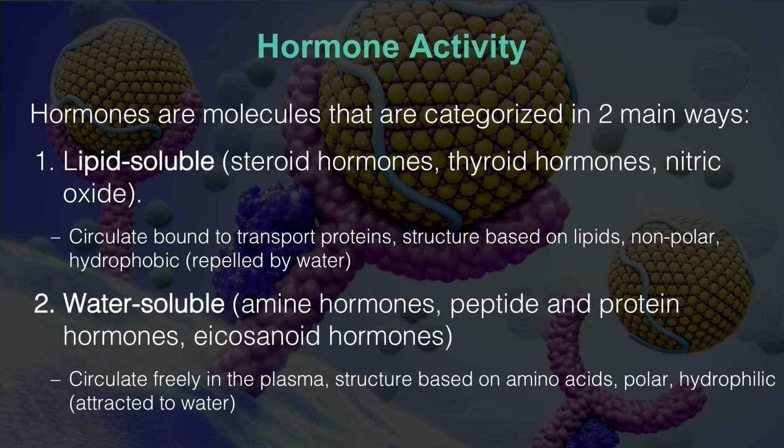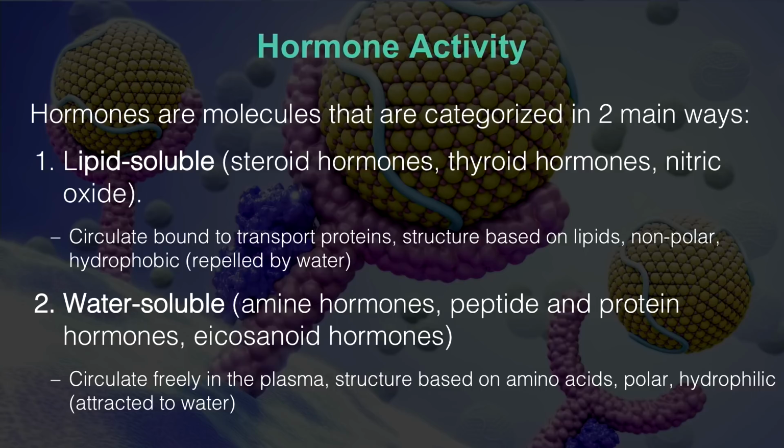And so the opposite example, the other side of the coin, would be hormones that are water-soluble and lipid-insoluble. Water-soluble hormones are usually based on amino acids. They're made of proteins or the building blocks of proteins. They're not made of cholesterol and fat.